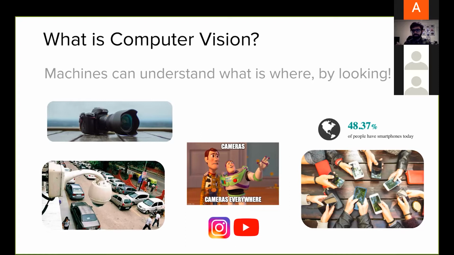You all might be using social media, Instagram, YouTube, which are centered around images and videos. There's so much surveillance happening, and so much data being collected from, let's say, CCTV cameras. Images and videos have always intrigued us, and we want to understand what's going on by leveraging all this data that's around us.